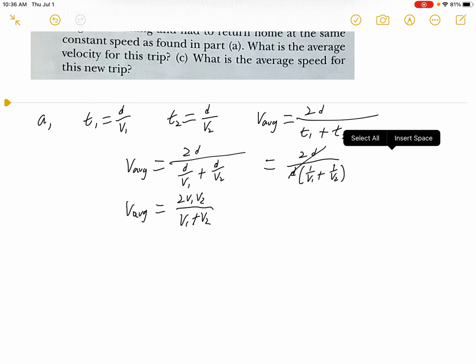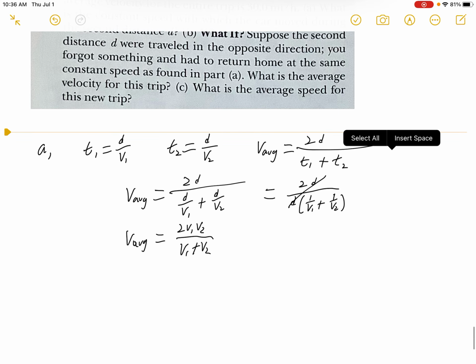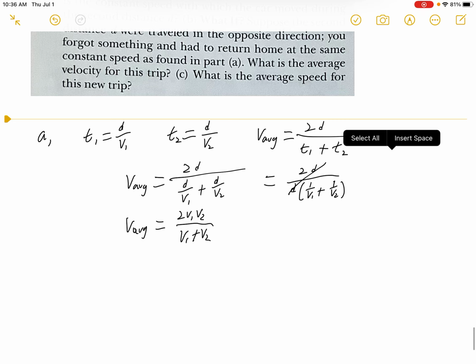And we can rearrange this equation to isolate v2, so we will find the constant speed for the second part.